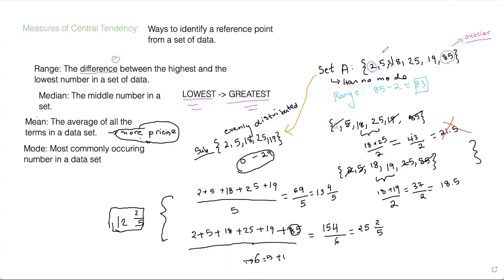Since 5 is the only number that occurs twice in the data set, see 5 and 5, and no other number repeats that many times, the modified set A would have a mode of 5, because it's the most popular number.